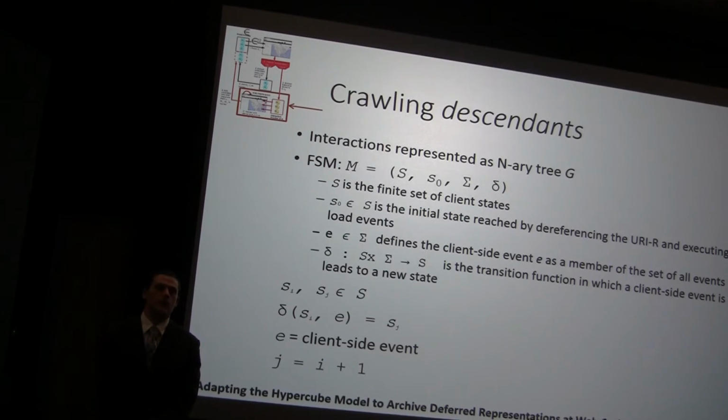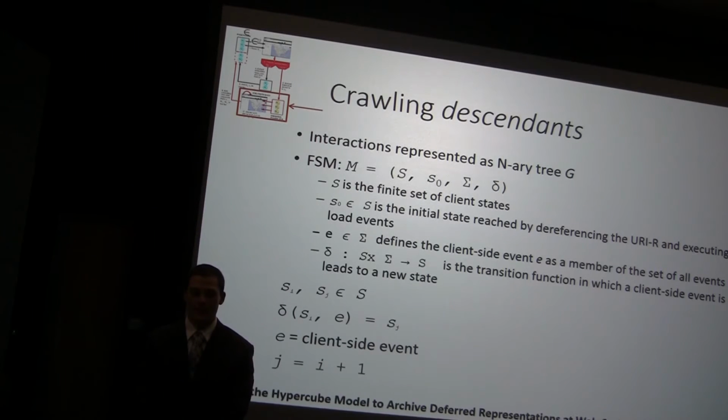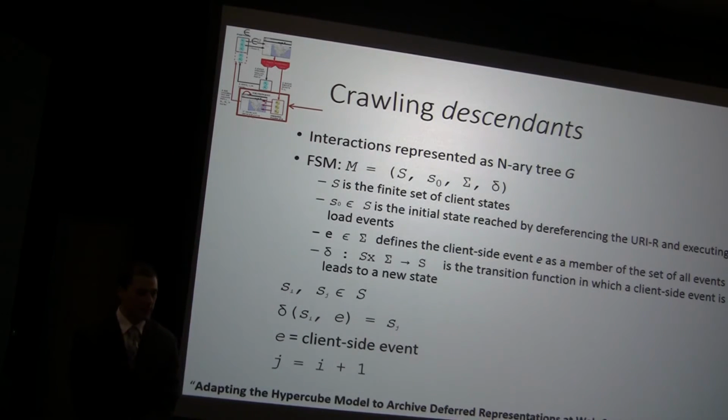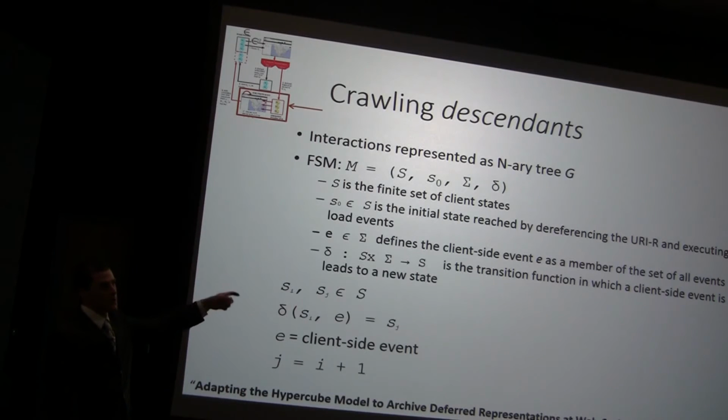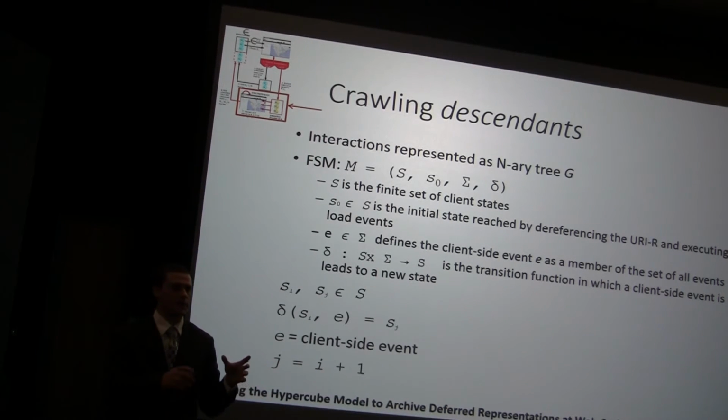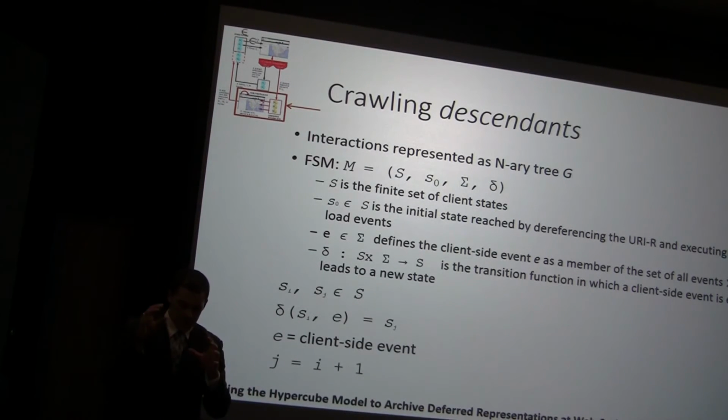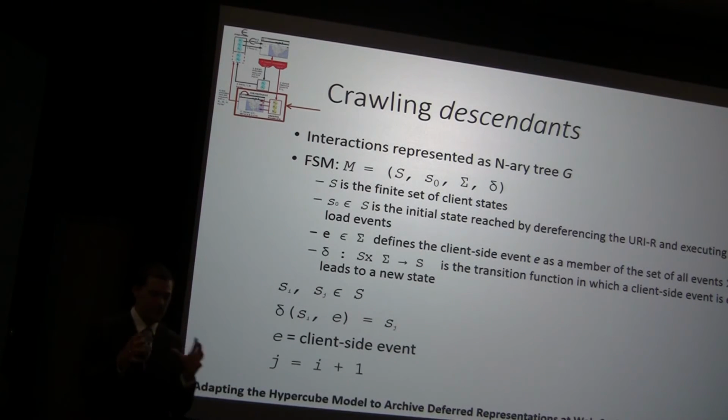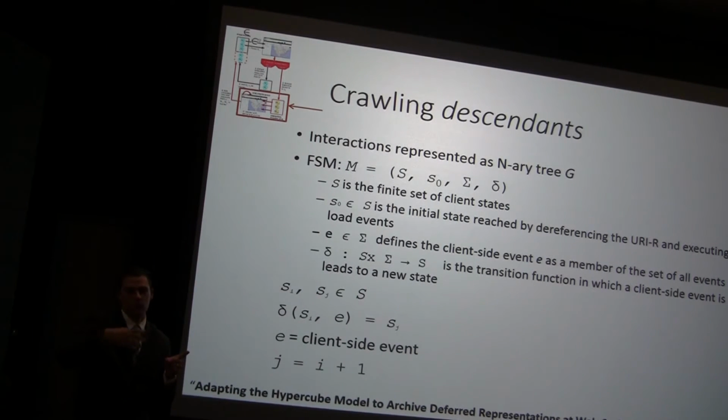So I think there's a two-part question. The first is the reason that our method was a little bit slower than some other methods that have been proposed. So we actually modeled this finite state machine after the hypercube model from Dincturk et al. And Dincturk was designing this geometric structure that could represent these client-side states most efficiently, so that you would need the fewest number of jumps in order to get to any one state.